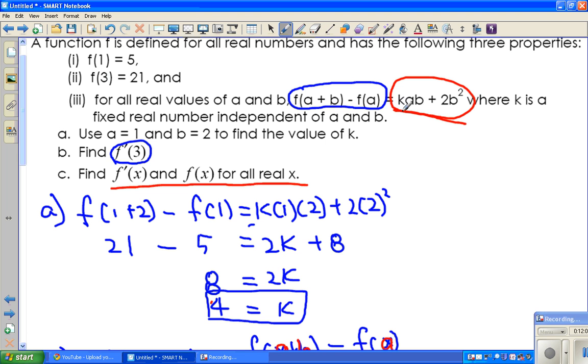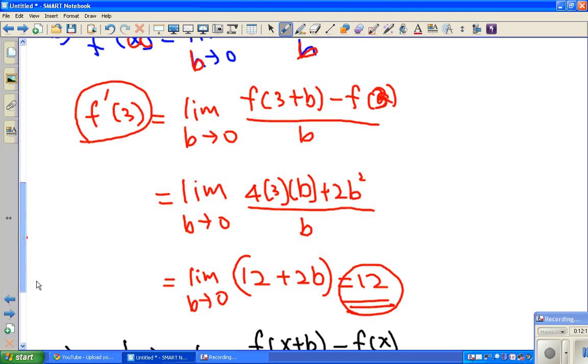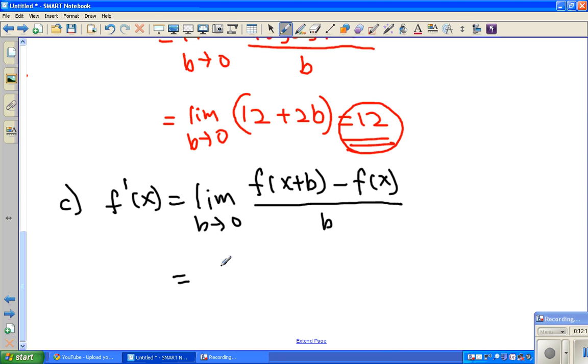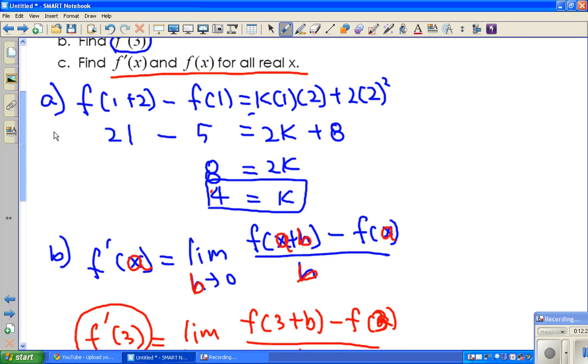Now, this expression can be rewritten in this way using k equal to 4. Then my expression will be equal to the limit. Here we get 4 times x times b. Remember? Minus, or was it plus? In fact, let's check it out one more time.